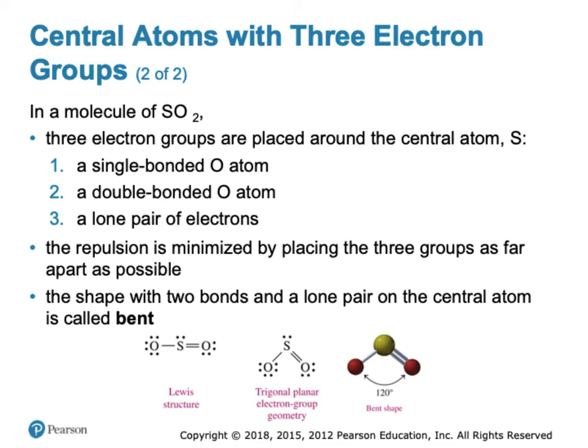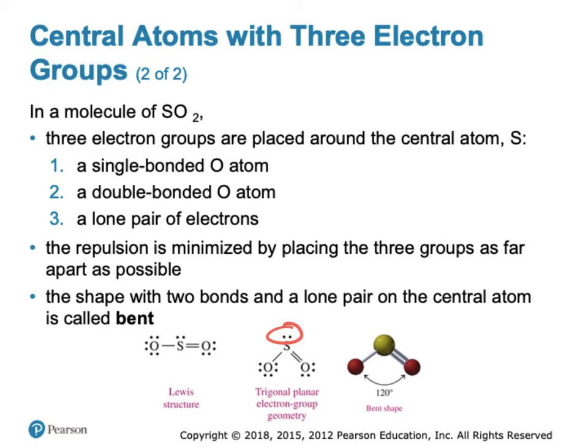The bond angle is still 120 degrees, so it is still a trigonal planar geometry. However, the molecule has a bent shape because there is a lone pair here on the sulfur, and it does not have a 3rd bonding group.